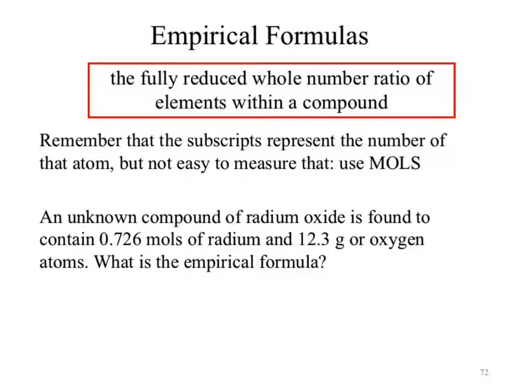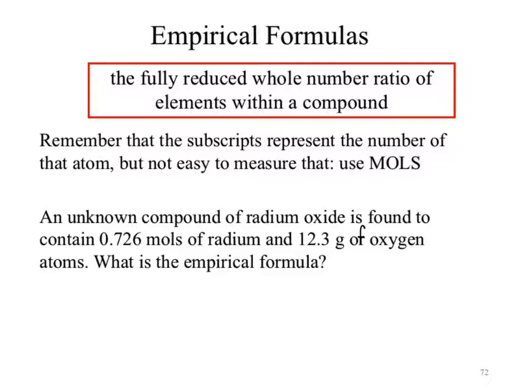An unknown compound of radium oxide is found to contain 0.726 moles of radium and 12.3 grams of oxygen atoms.